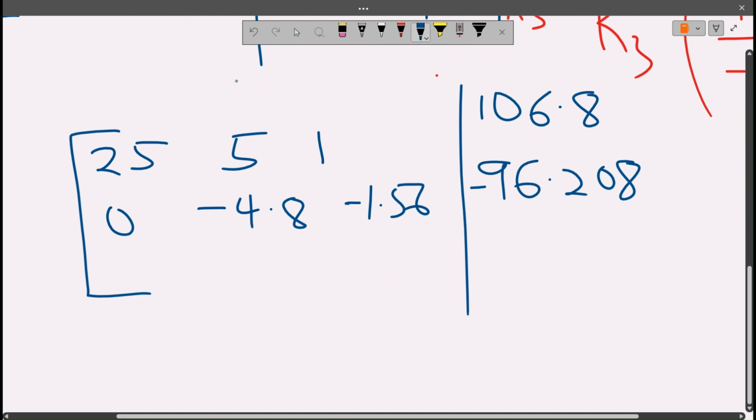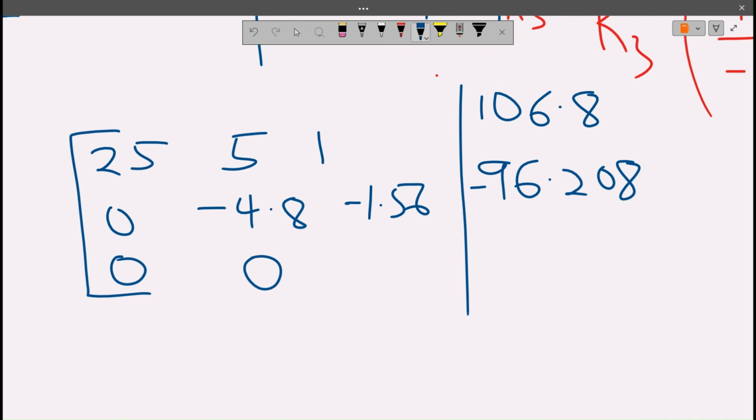So now the third row becomes 0, 0, 0.7, and we have 0.76 here.